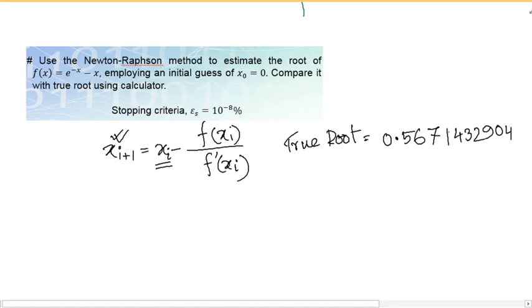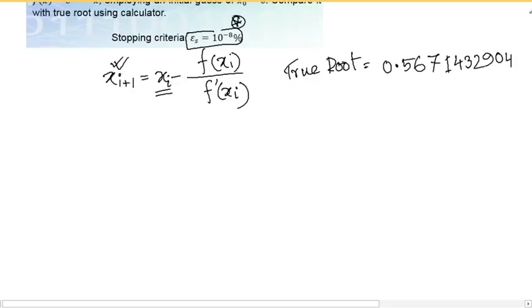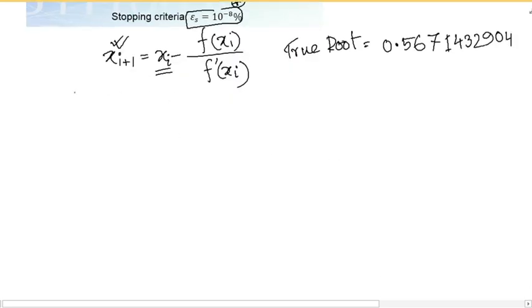So as much digit as you can, and think about this stopping criteria 10 to the power minus 8%. I think the maximum digit we should take in this case, otherwise you cannot make convergence with this stopping criteria. And again, one thing we'll have to compare here, we'll be discussing about it again.